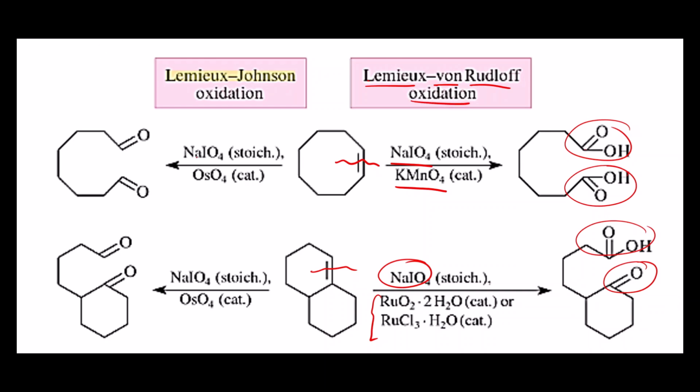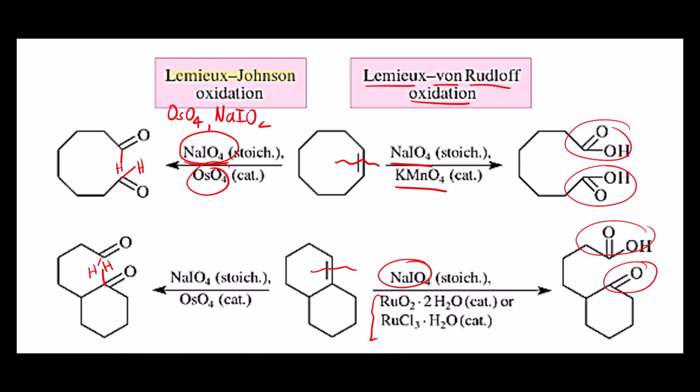And when we use a milder reagent, that is OsO4 instead of KMnO4, the reaction stops at the dialdehyde stage. It will not be oxidized to acid. So these are two important name reactions. They can directly give you the names and ask you to match the reagents.